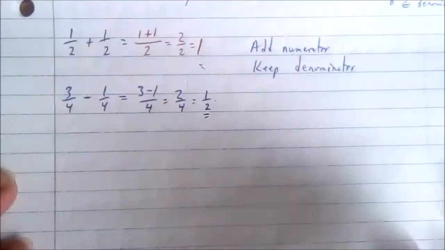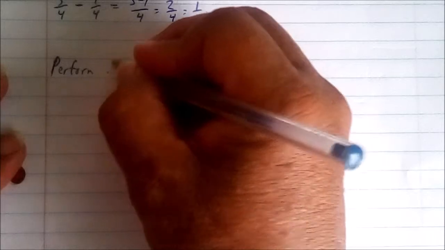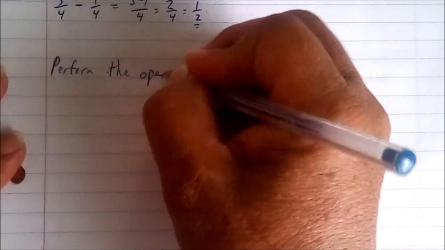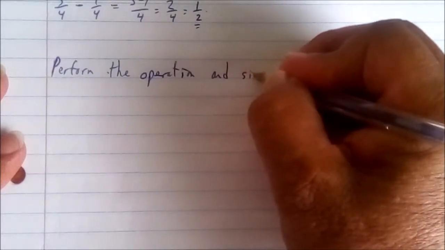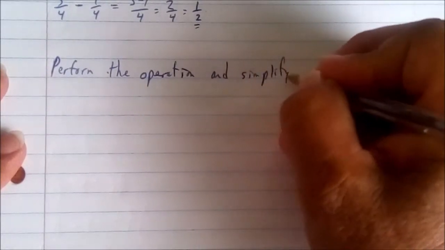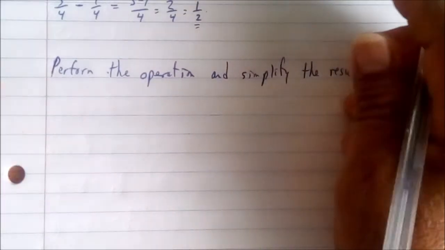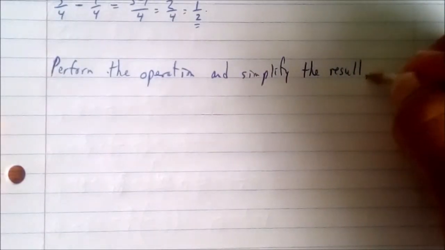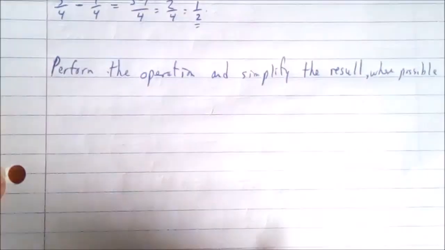Okay, so now let's try a few examples. If I say perform the operation and simplify the result where possible, we will be simplifying the result where possible.